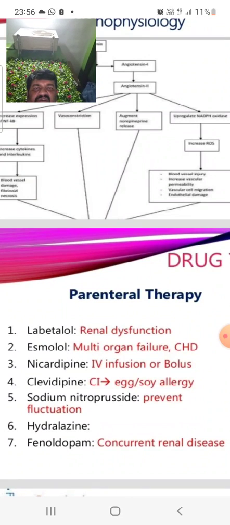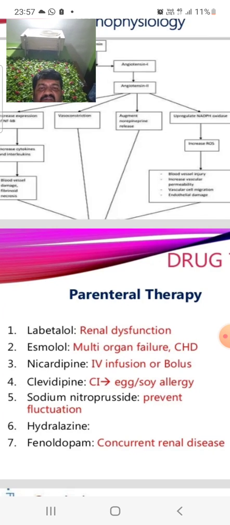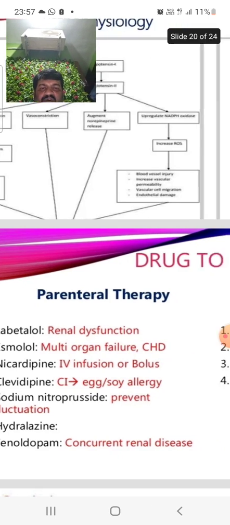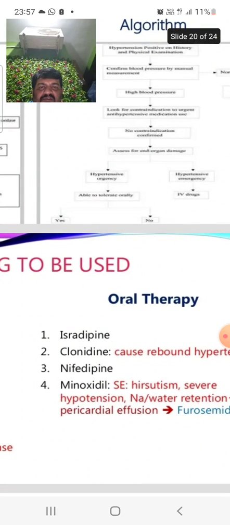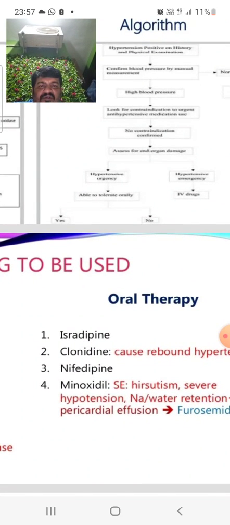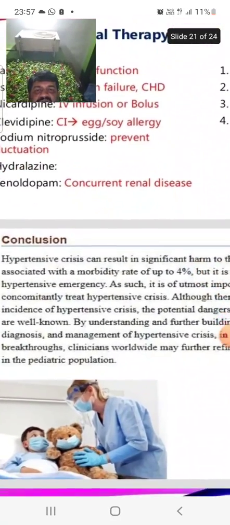In case of parenteral: labetalol, esmolol, nicardipine, clevidipine, sodium nitroprusside, hydralazine, and phentolamine. And oral therapy is isradipine, clonidine, nifedipine, and minoxidil. So what conclusion do we get from this?